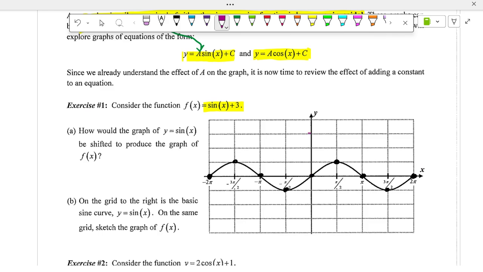So it's at 3, so up here. What is it at pi over 2? So click at pi over 2. What do you got? It's at 4. Now, judging from how this graph looks, where do you think this next point's going to go?